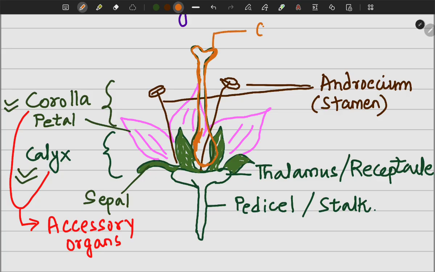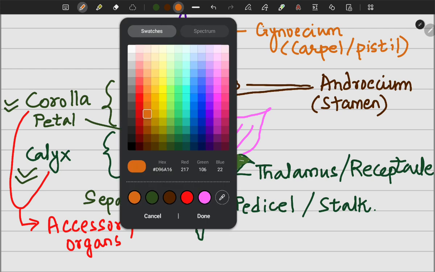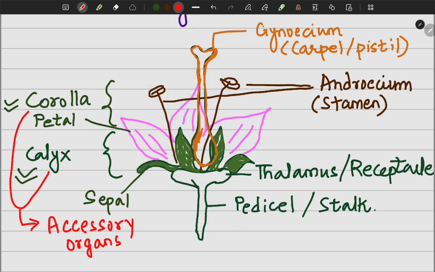This is called gynoecium, and the other names are carpel and pistil. This produces the female gamete or the eggs. So the androecium and gynoecium are the reproductive organs of the plant.